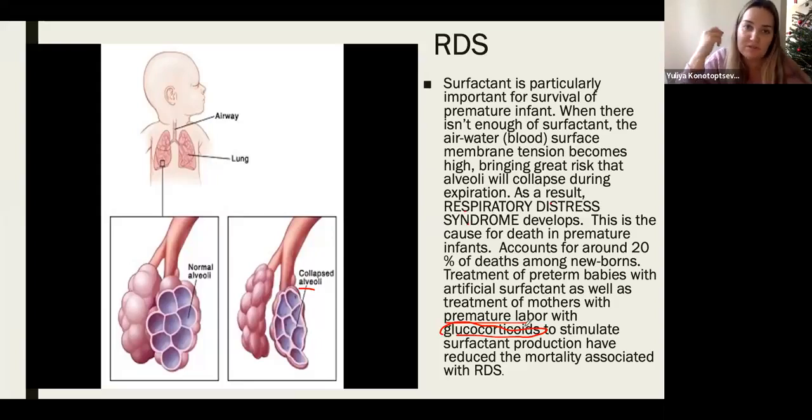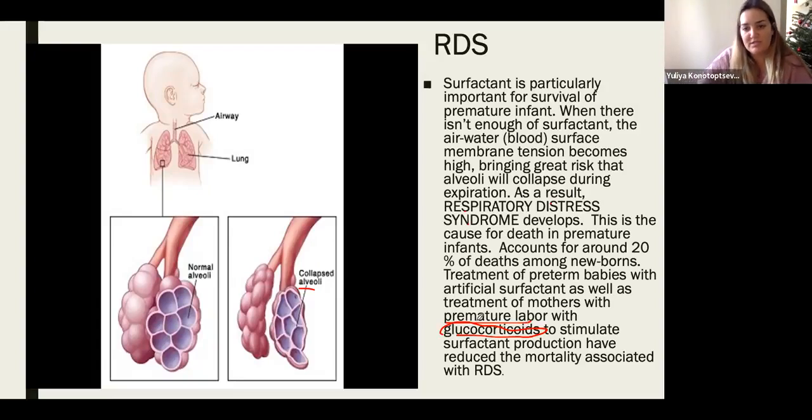Nobody knows the mechanism, nobody knows how, but if you inject cortisol to mom and she's in premature labor, giving birth to a premature baby, it quadruples the amount of surfactant production in the baby itself. So it kind of reduces the risk of RDS.